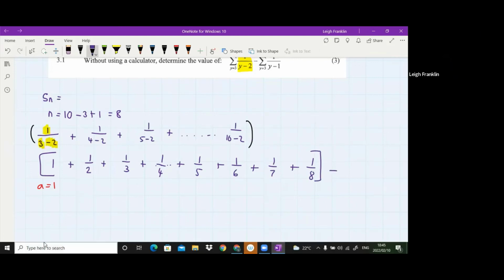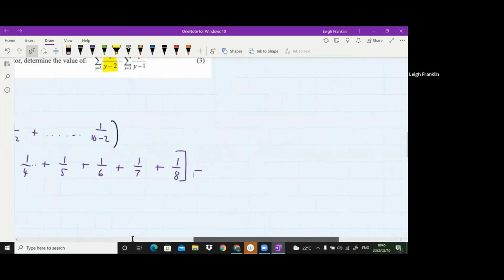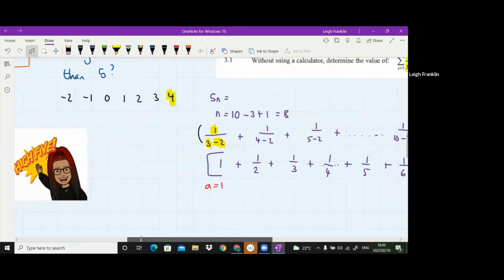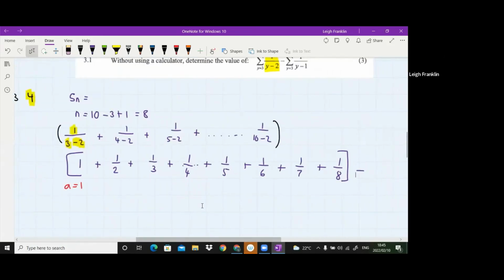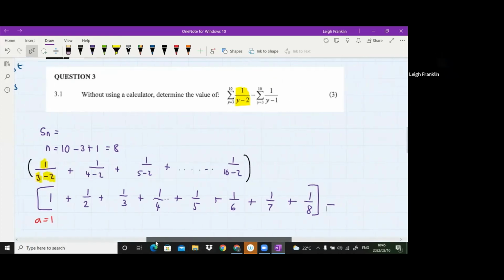Now let's see what we're going to end up subtracting. Let's just go back to the middle. From that we want to sub in, starting at 3, ending at 10. So again, there's going to be 8 terms in this pattern, and we've got to start subbing at 3. I'm just going to move over a little bit.